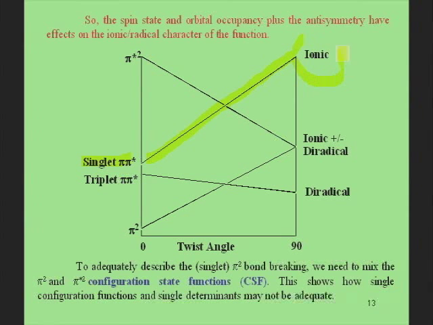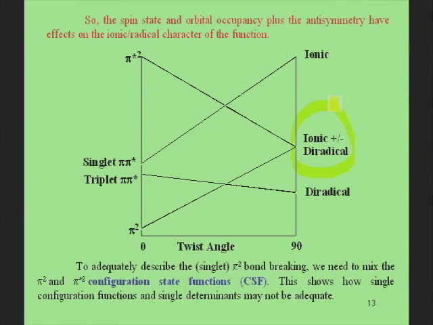All these things give rise to things that are all mixed up. The answer to this paradox is to realize that the pi squared and the pi star squared determinants, when you broke them apart, one gave ionic plus diradical, the other gave ionic minus diradical.